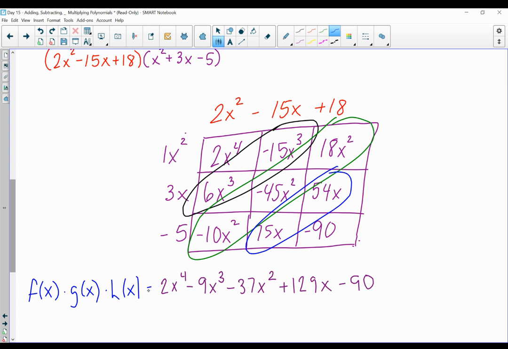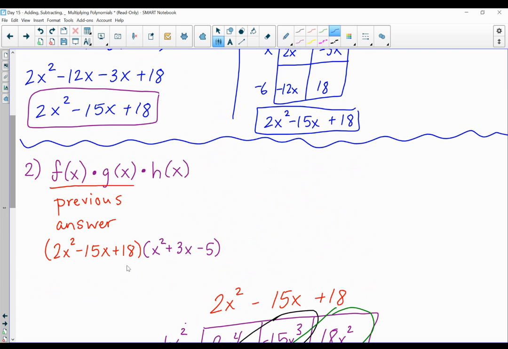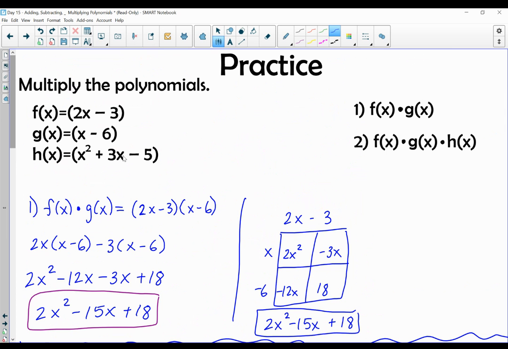So you need to make sure that you do it step by step. Also, I've told you this before, but let me just make sure that we are on the same page. You cannot multiply these three things just straight out. I think some of you tried to do this.